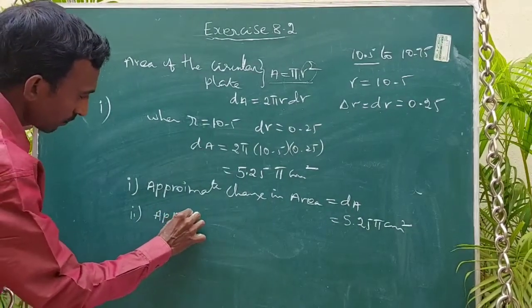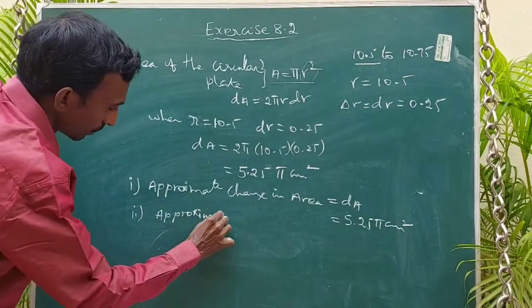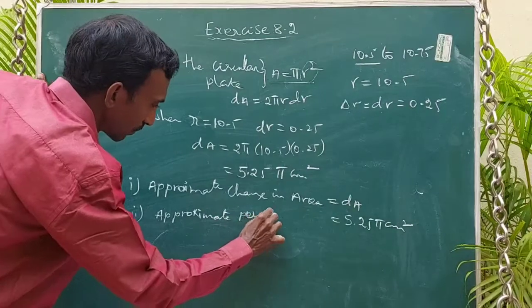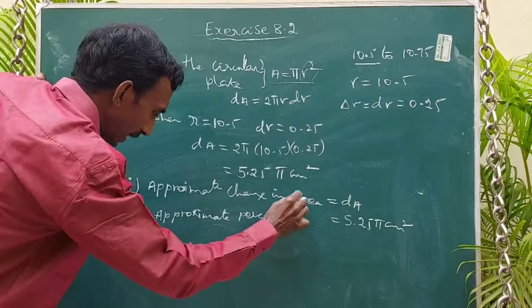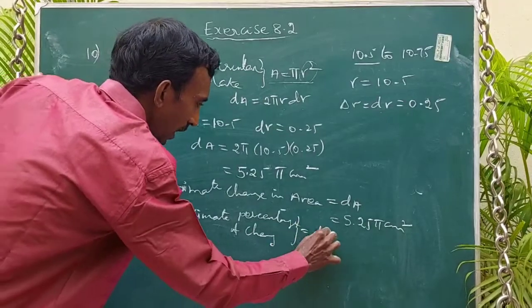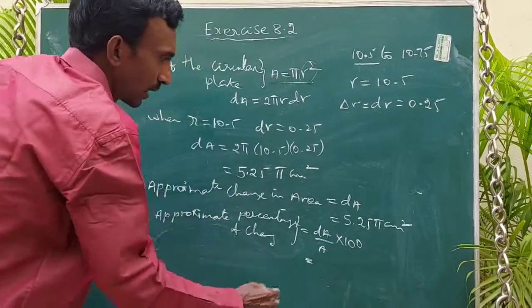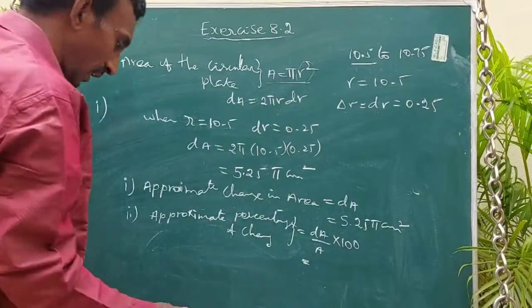Second, they are asking for the approximate percentage of change. So it is equal to dA by A into 100. Already we found dA.